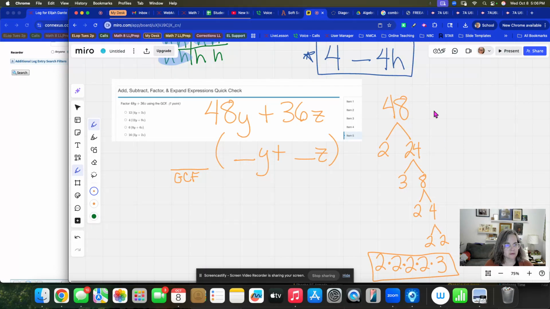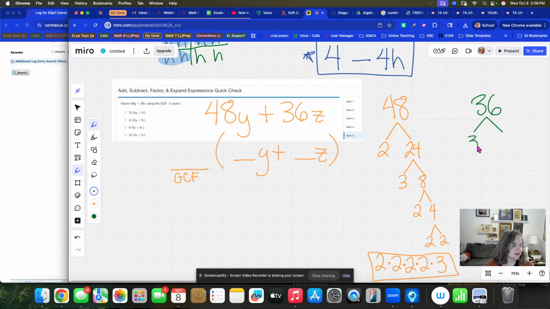Now I'll do 36. Let me grab another color here. So it's even, so I could divide by 2. Half of 30 is 15. Half of 6 is 3. 15 plus 3 is 18. You could do that work on a calculator. Maybe it's easier for you to see that 3 goes into this, right? 36. That would be 3 times 12.